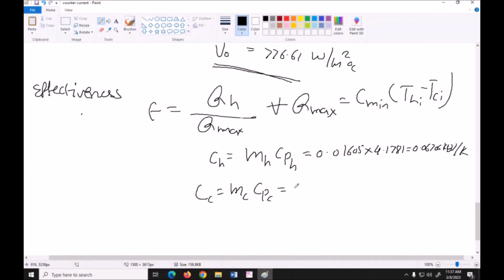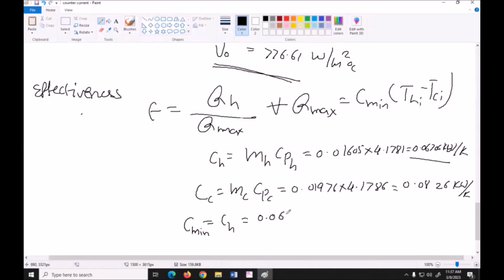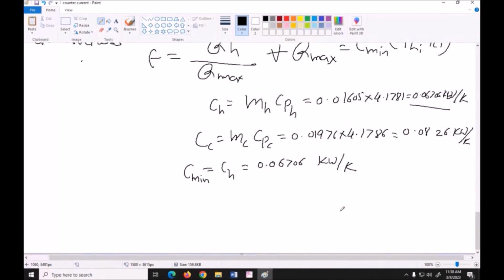Or degree centigrade, and this is 0.01976 into 4.1786 is equal to 0.0826 kilowatt per Kelvin. So C minimum is equal to CH, 0.0670 kilowatt per Kelvin. Now I can find effectiveness. Because it is kilowatt, I will take this kilowatt.